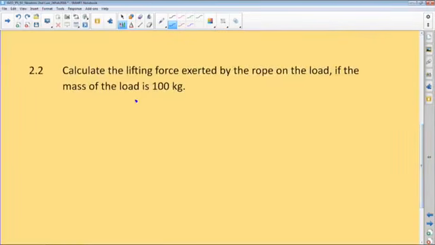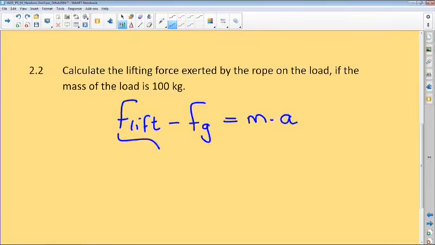What have we got here? We've got the lift force acting in one direction and gravity acting in the opposite direction is equal to mass times acceleration. These two together give us our net force.